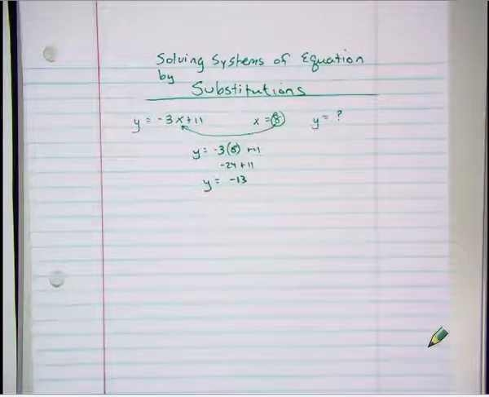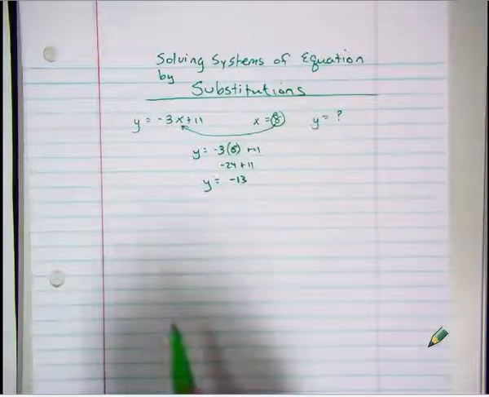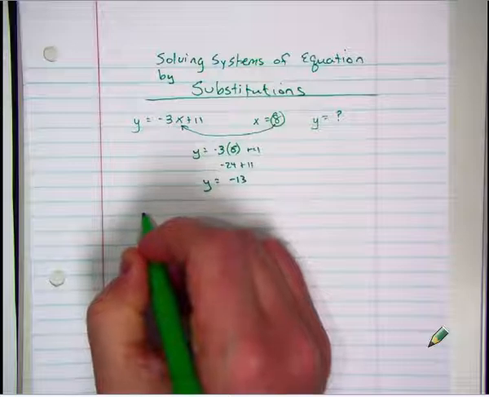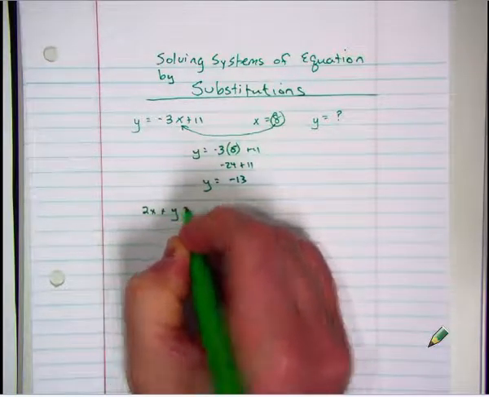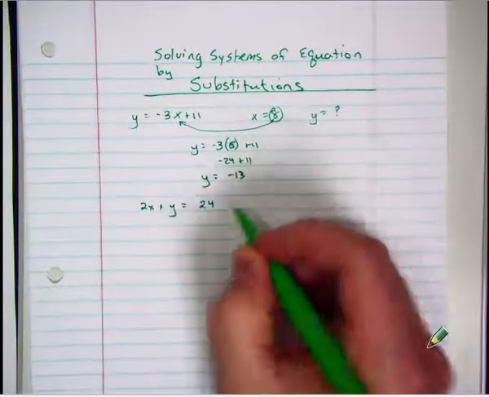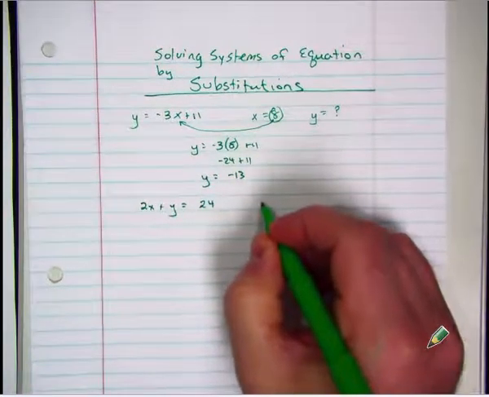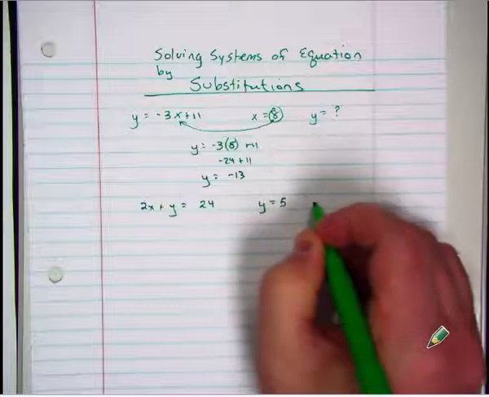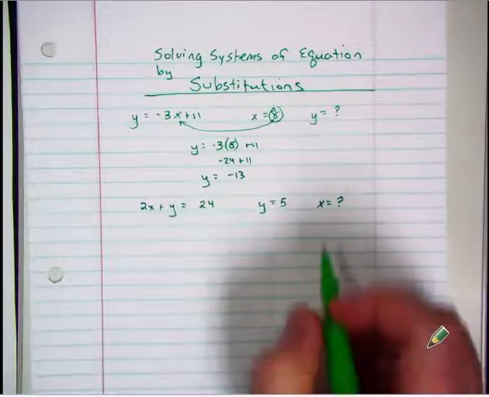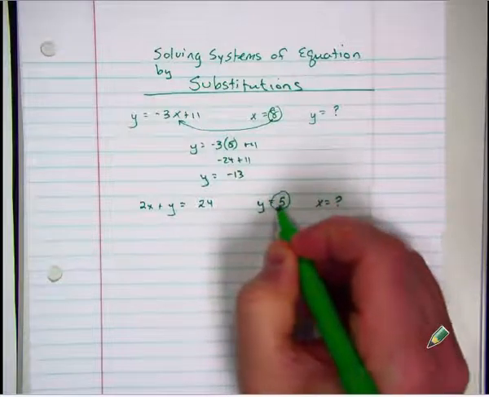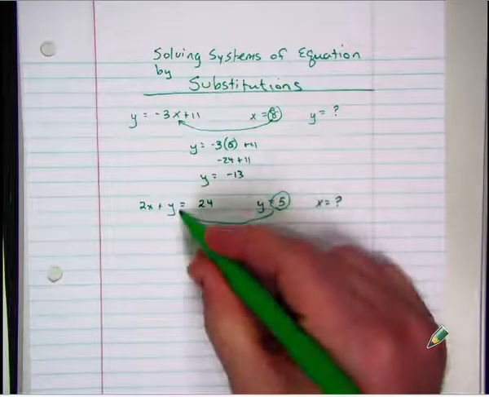Now, it's not just x that we could be given. Again, if I gave you the equation 2x plus y equals 24, and then I said y is equal to 5, and we want to know x, well, it doesn't change the way we think about things. We would take the 5 and put it in place of y.